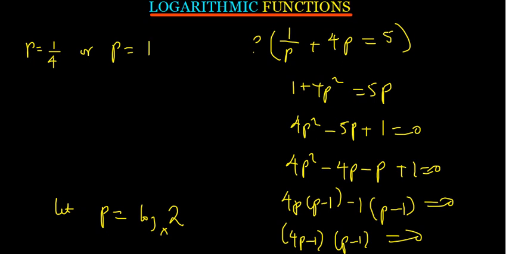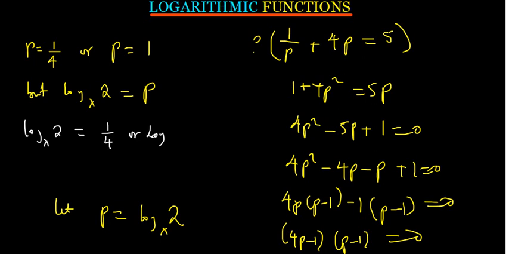Now remember our aim was not to find p but x. We'll say log in base x of 2 is equal to p, meaning that log in base x of 2 is equal to 1 over 4, or log in base x of 2 is equal to 1.